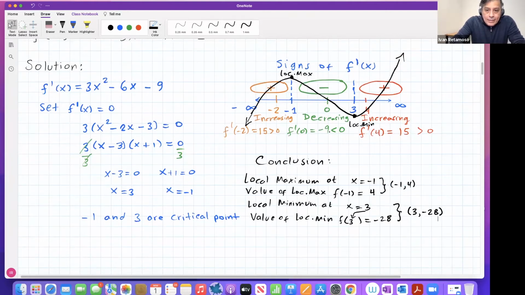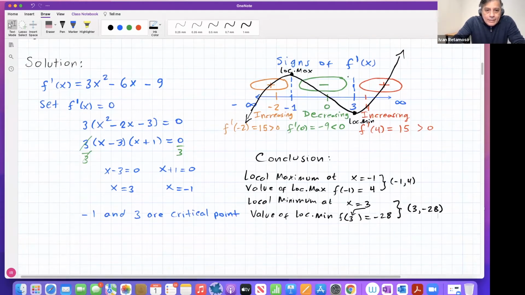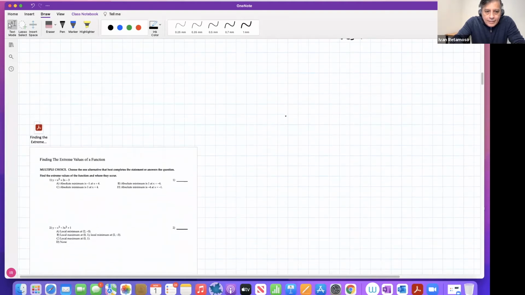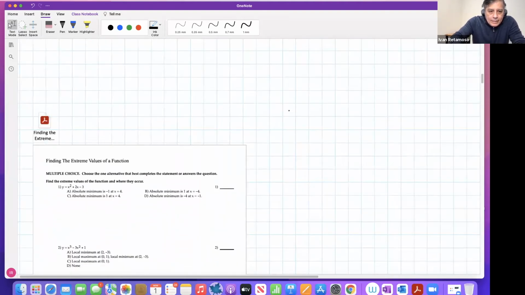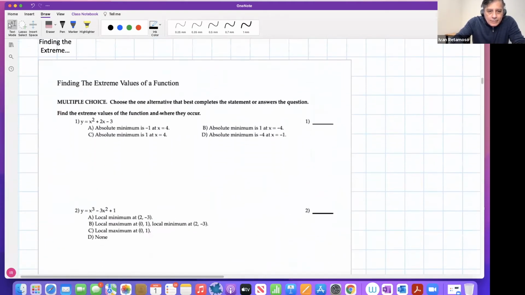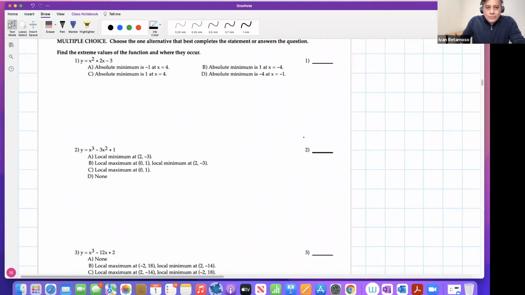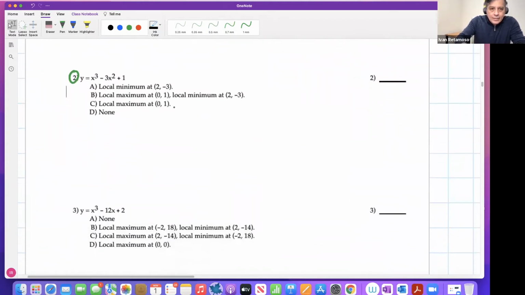All right, guys. So now I want you to do what I did here yourself. Try. When you deal with a parabola, it's very straightforward. So we're not going to do the parabola, but we're going to do this one, the cubic function. So can you try this one? And as a hint, I will give you some steps. Hint.